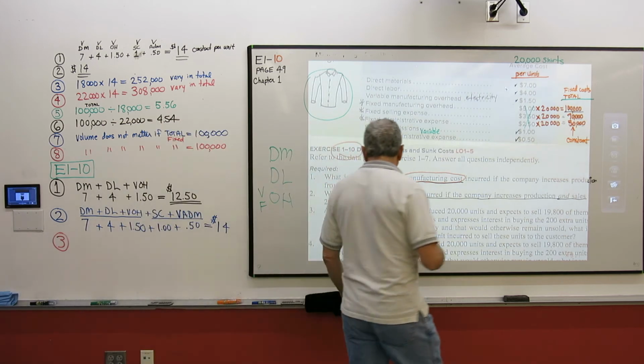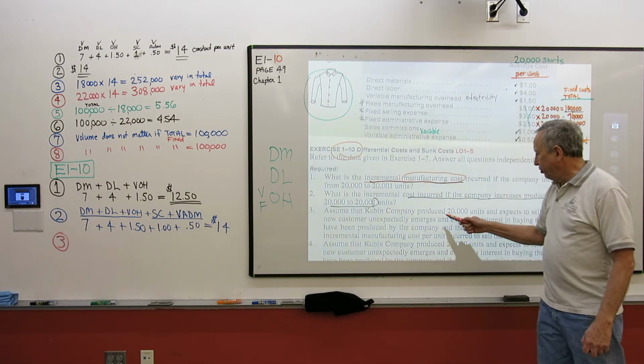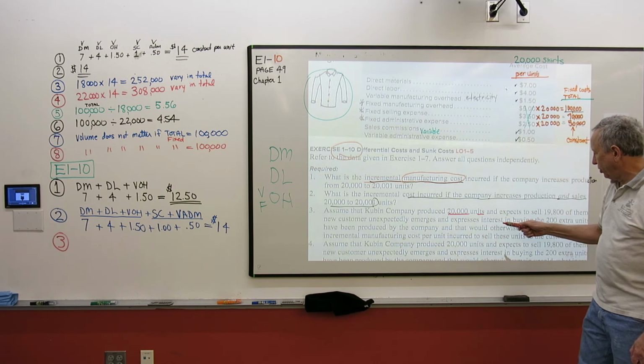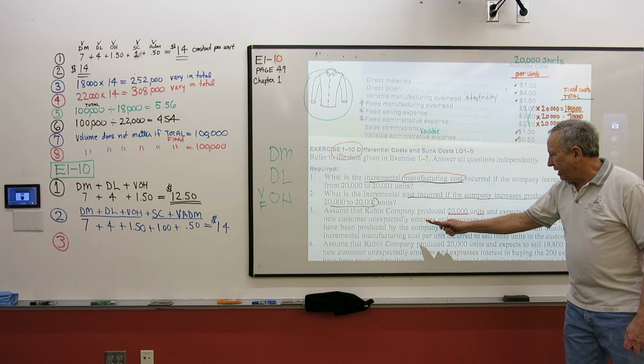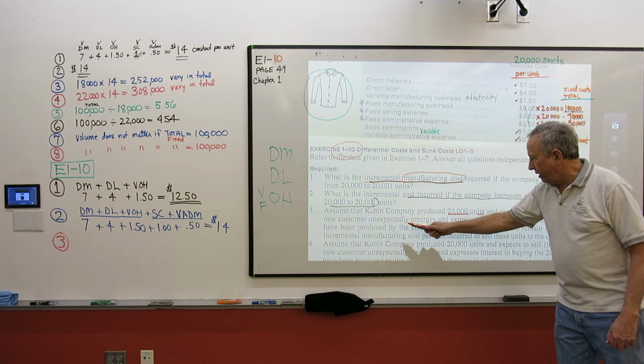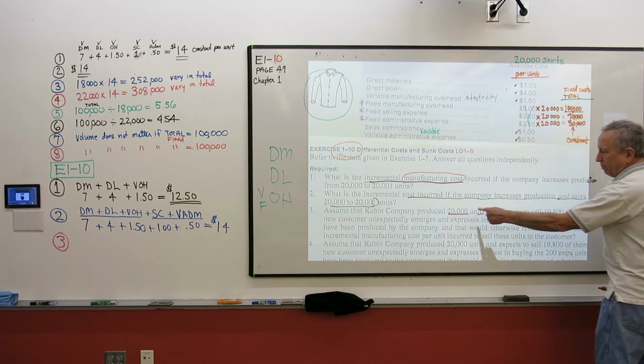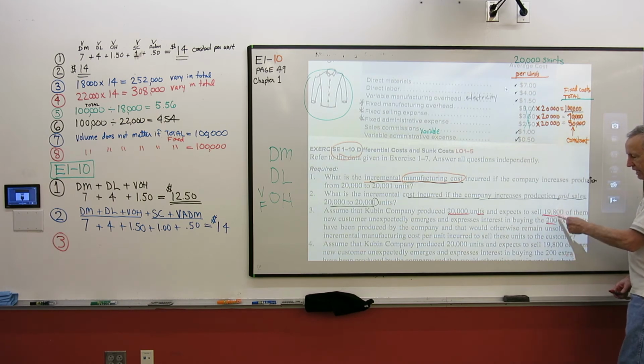Assume that Cuban, that's the name of this company, Cuban Company produced 20,000 shirts and expects to sell 19,800. It looks like they're going to have 200 shirts left. Again, this is their expectation. They're going to produce 20,000 shirts. I think they'll sell 19,800. That leaves 200 shirts in inventory.